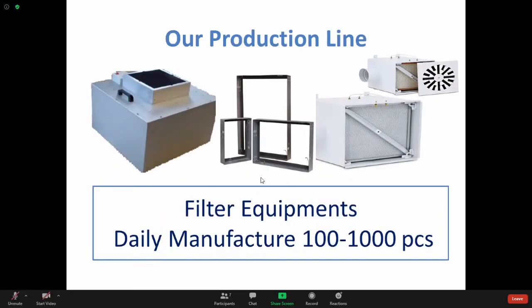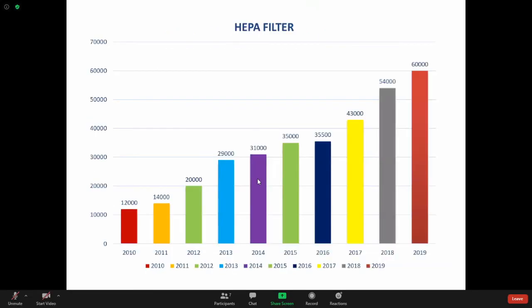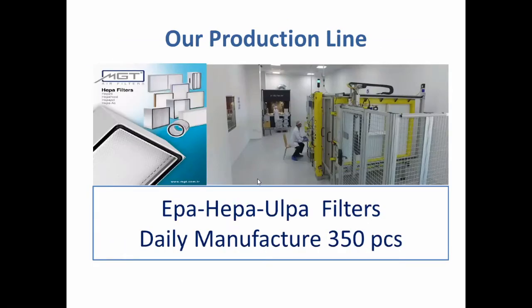Maybe you think that some companies make HEPA filter production but test it randomly. For example, from 10 pieces, they just test 1 or 2 pieces and ship them. We don't do that. We test each filter individually, and each filter has its own serial number.